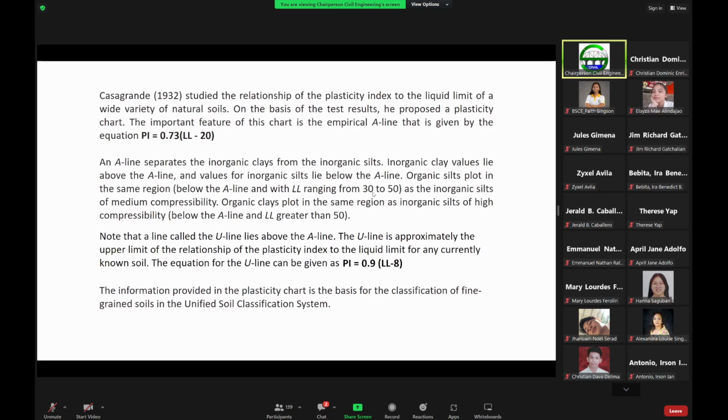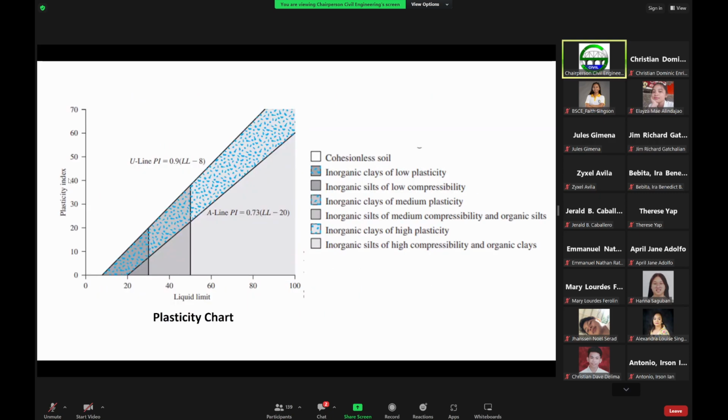So if we look at the plasticity chart here, the x-axis is the values of the liquid limit, and the vertical axis is the plasticity index. Again, the PI or the plasticity index is the difference between the liquid limit LL and the plastic limit, that's LL minus PL.